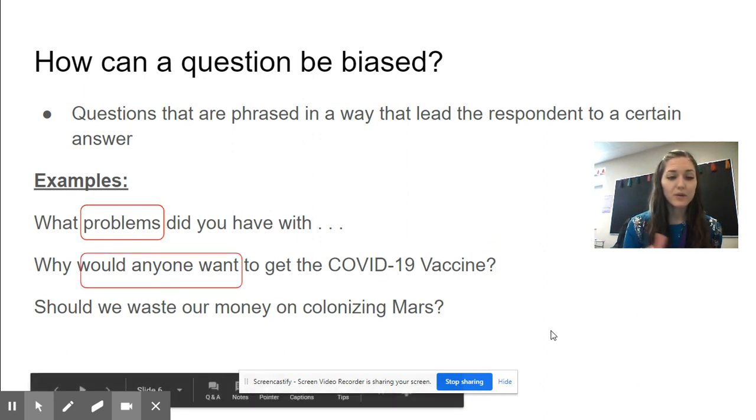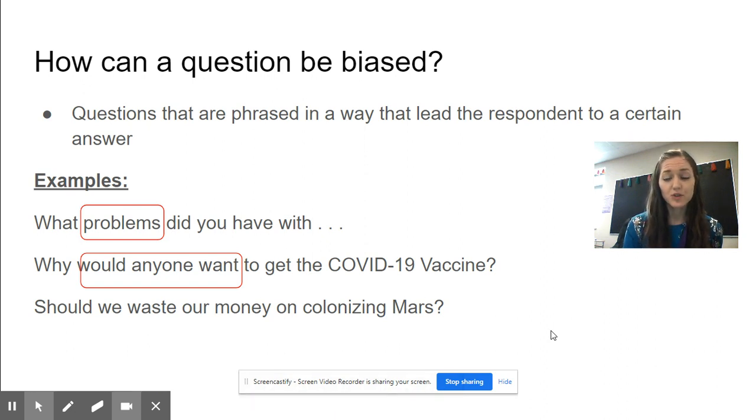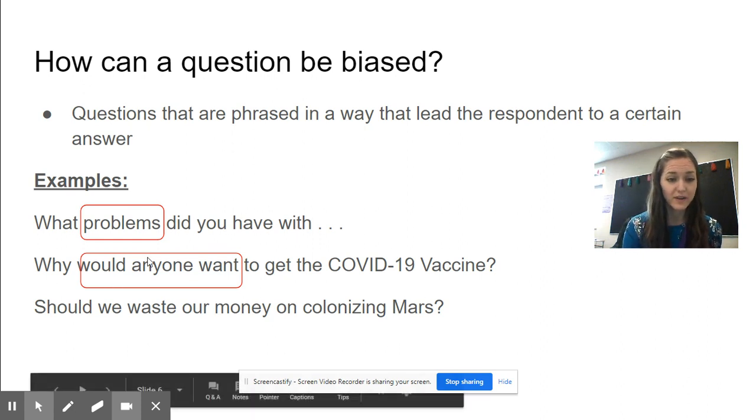The part where it says, why would anyone want, is kind of pushing the respondent into the idea that people generally don't want the COVID-19 vaccine, when there's a lot of people who do want it and who are already getting it or have gotten the vaccine. So this one is biased because it is pushing the respondent into the idea that nobody wants to get the vaccine. Next one.